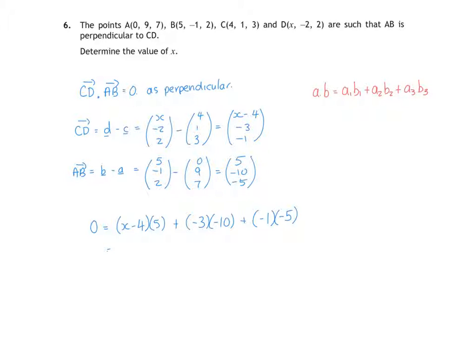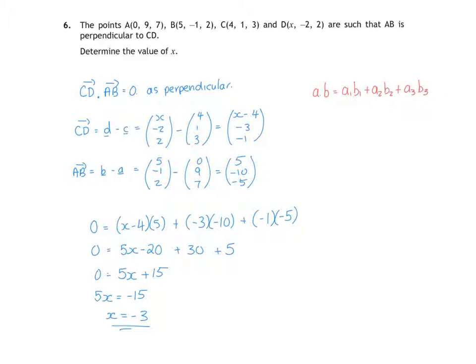So when we multiply that out, that's 5x minus 20, plus 30, plus 5. So we have 0 is equal to 5x, then minus 20 plus 30, so that's 10, plus another 5, plus 15. So we've got 5x is equal to negative 15, so x must be equal to minus 3.